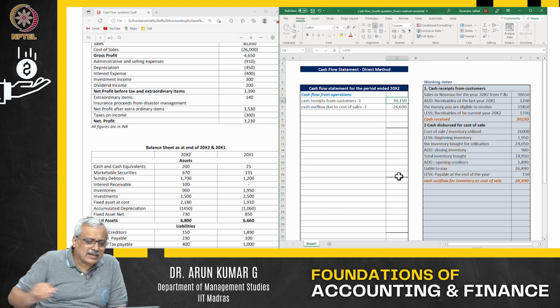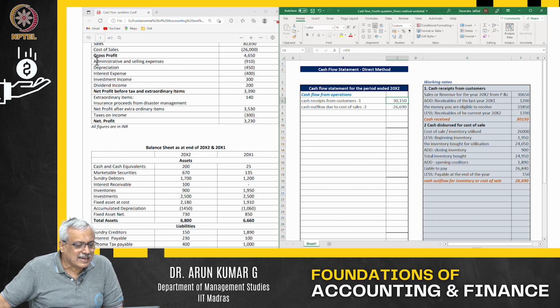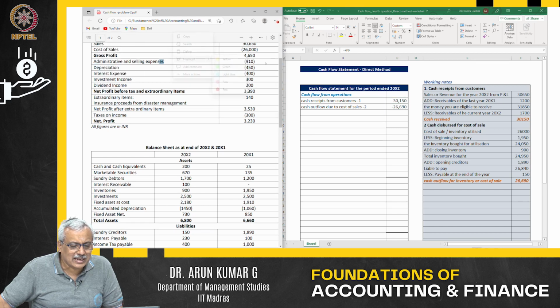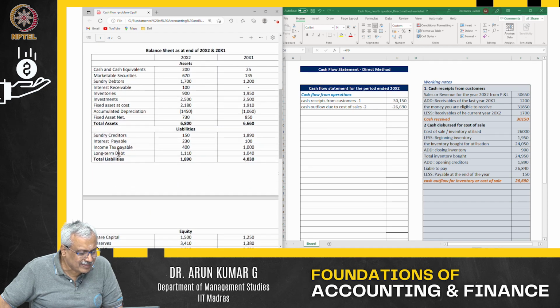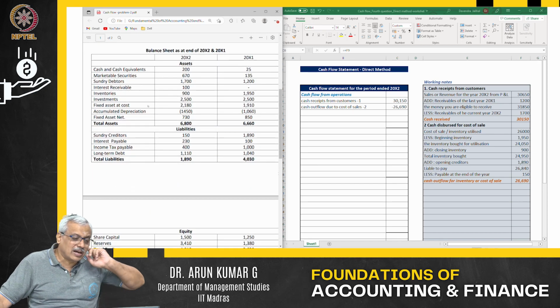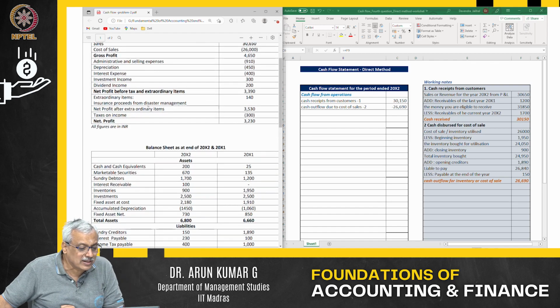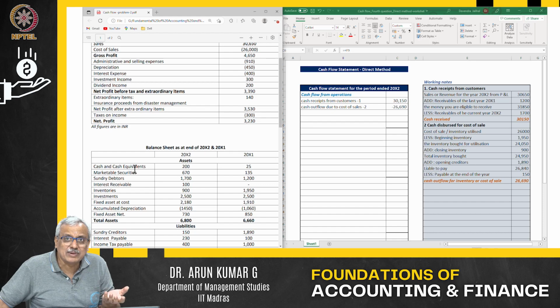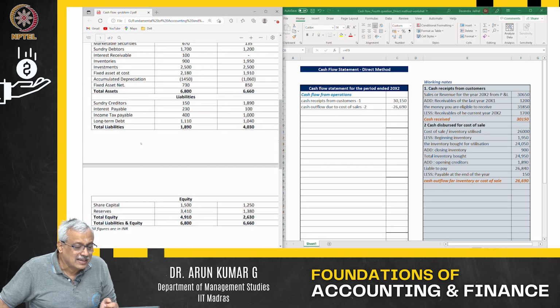Next, let us look at the P&L. The P&L says admin and selling expenditure to the extent of about 910. There is nothing due or paid in advance related to admin and selling expenses in the balance sheet. If it is paid in advance, it will be on the asset side. If it is paid later, it will be on the liability side.